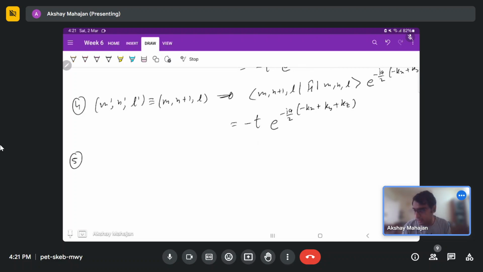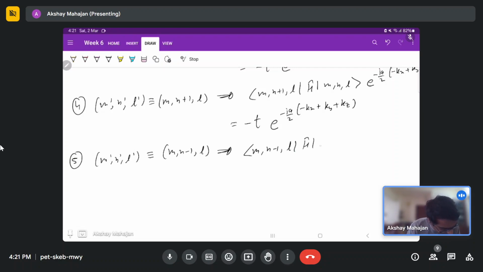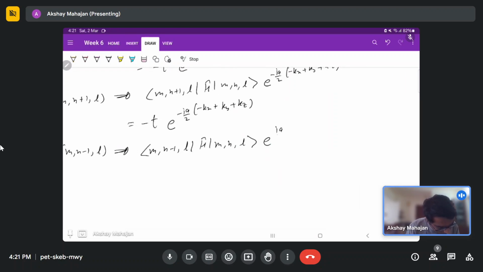Then the next term, so we are going to have a total of 9 terms. So the fifth term, m prime, n prime and l prime, will be the other neighbor, which is m comma n minus 1 comma l, h cap m comma n comma l times e to the power iota a by 2 minus kx plus ky plus kz.